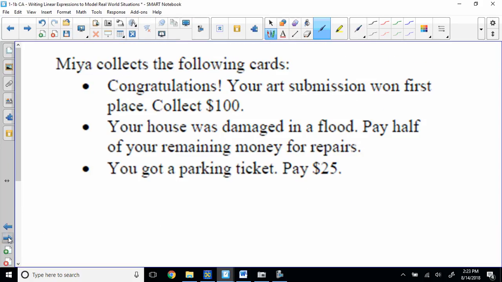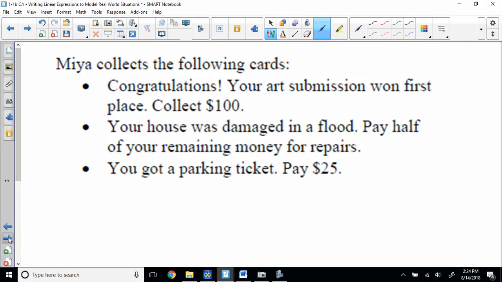Maya is pretty cool because she's won first place in the art contest. So we're taking Maya's money and we're adding what to it? So how do we express that? How much does she have right now?